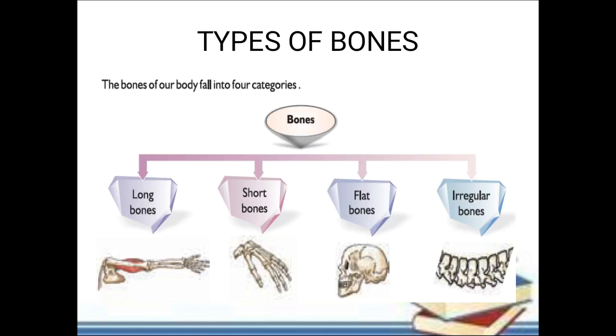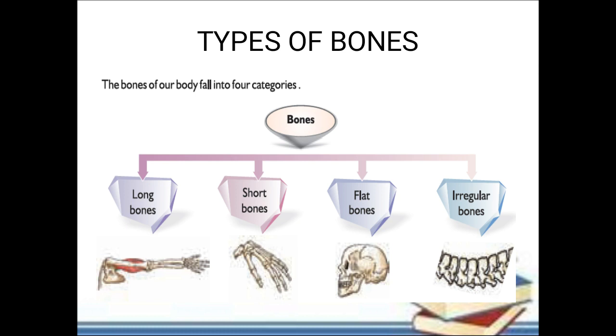Next, types of bones. The different types of bones are long bones, short bones, flat bones and irregular bones. Long bones are present in the hand, upper arm and thigh part of our body. They are single bones which are cylindrical in shape. Short bones provide stability for our body and help in movement.